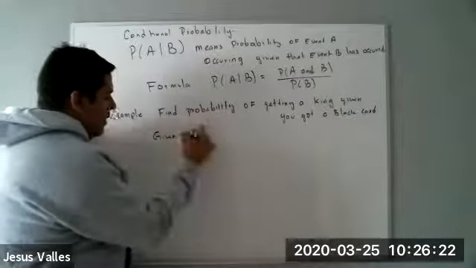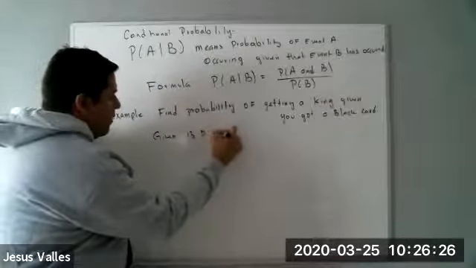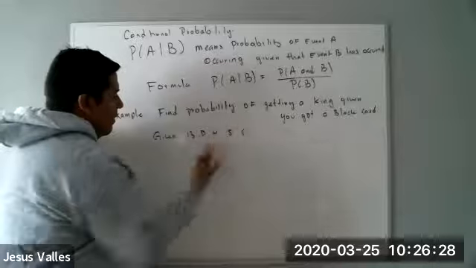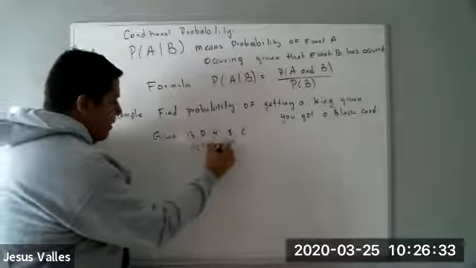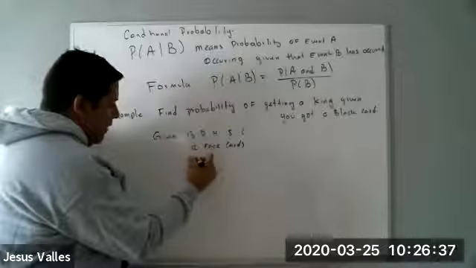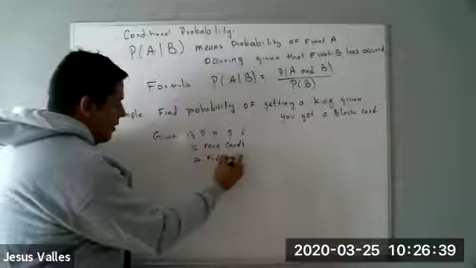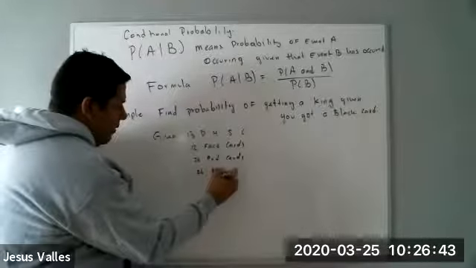We had said there's 13 diamonds, hearts, spades, clovers. We have 12 face cards. We had 26 red cards, and we had 26 black cards.